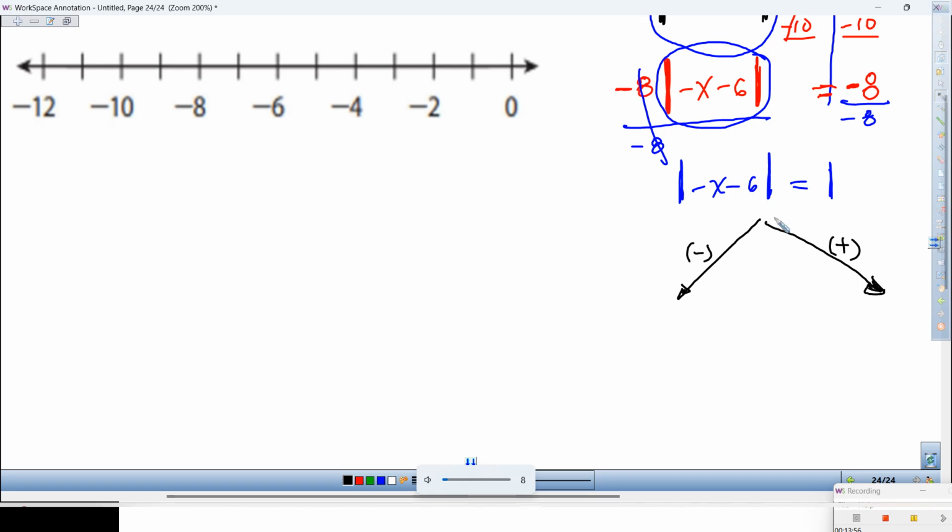That's why we have a negative and a positive side. So the 1 becomes negative 1 and stays positive 1. And then we make an equation with whatever's inside the absolute value, negative x minus 6, negative x minus 6.